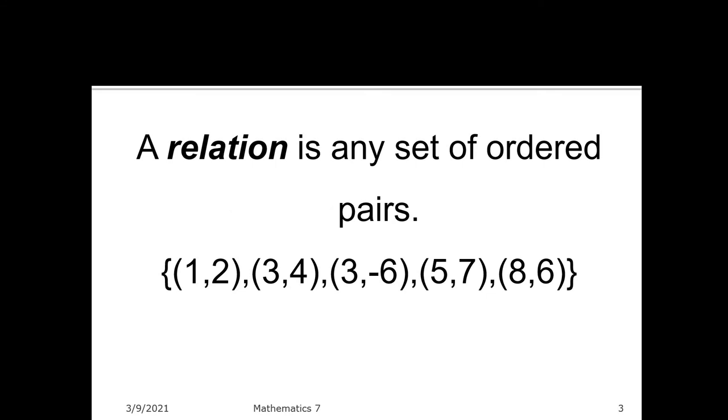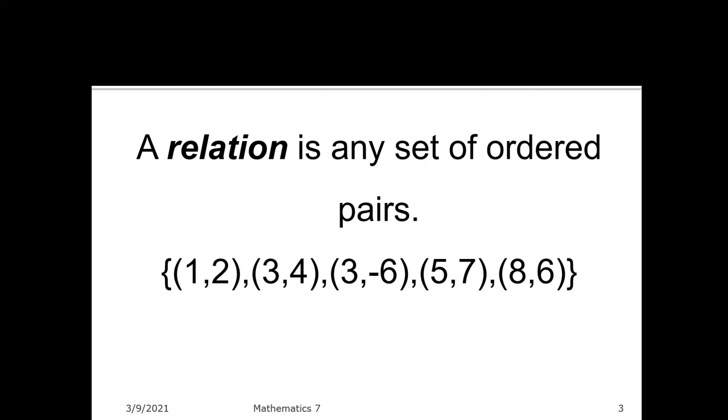So mathematically, a relation is any set of ordered pairs. Anything that's composed of ordered pairs. Ordered pairs is just you have the x and the y element, a pair of them, in sets. I said sets, not just one, but more, but you can also have one. So that's a relation.